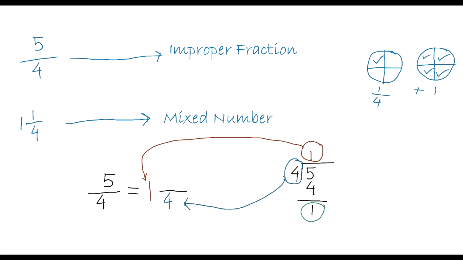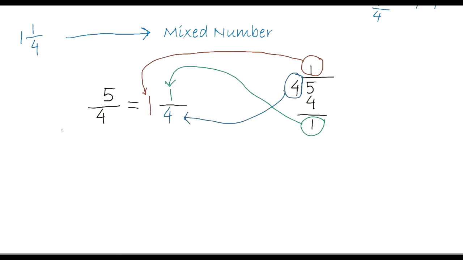This remainder will go to the top, 1. Ultimately, we get 5 on 4 is equal to 1 whole 1 on 4. This is how you can convert the improper fraction into a mixed number.